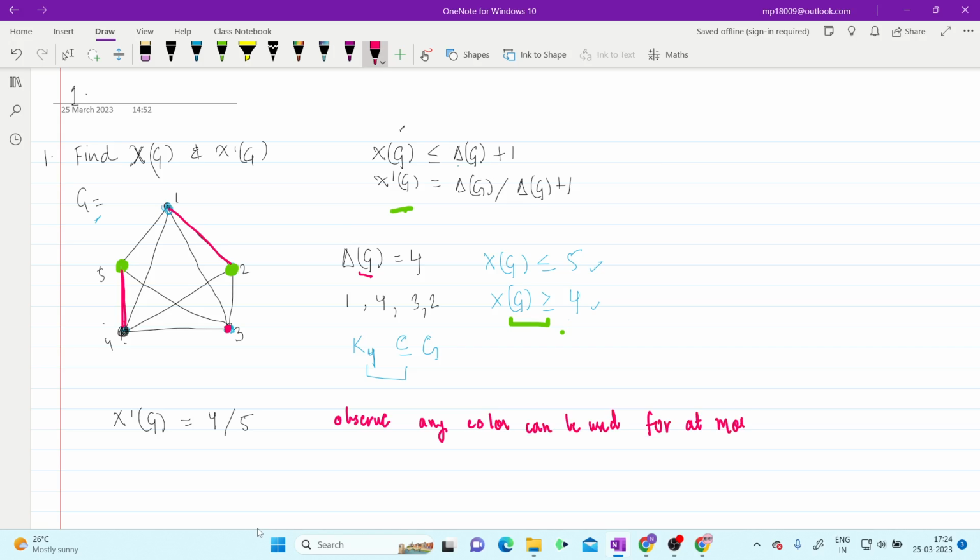Since this graph has five vertices, with one color we can only color two edges, right? Because if we color two edges, we have picked four vertices, and if we have to color some other edge, we'll have to repeat a vertex. So any one color can be used for at most two edges. And how many edges are there in this graph?